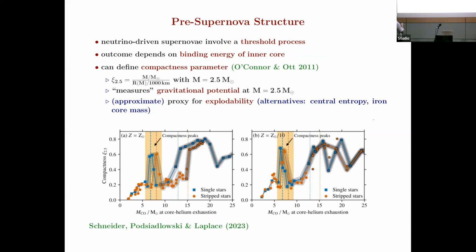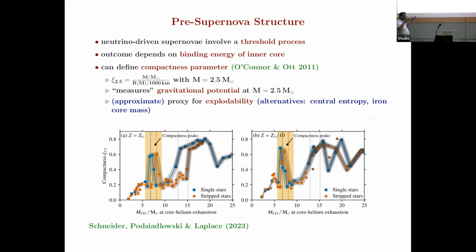It's m over r in some funny units, but what it actually is just GM over r, the potential energy at a particular mass coordinate, and the mass coordinate chosen is 2.5 solar masses. That sounds a bit arbitrary, and it is, but we actually find that it's not an unreasonable way of quantifying how explodable the star is.